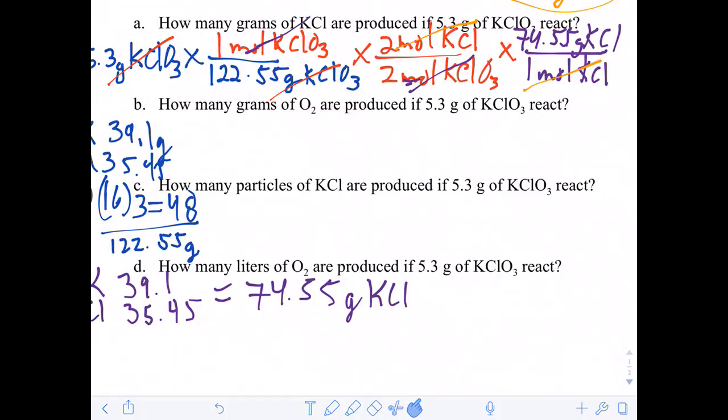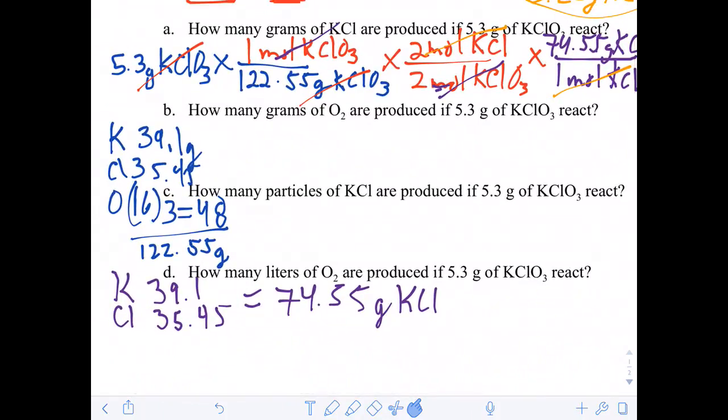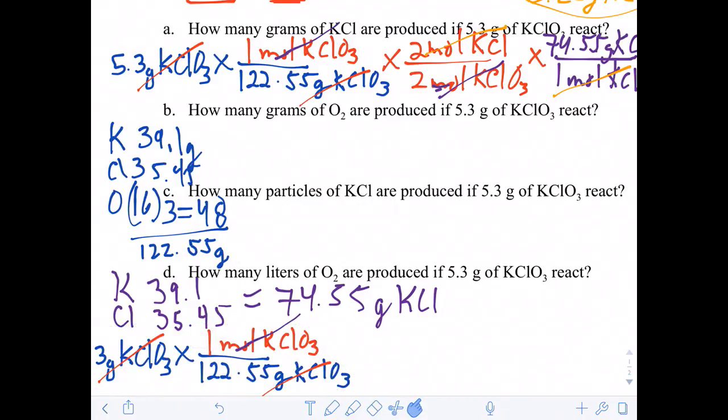So I can take all of these steps right here, converting to moles of potassium chlorate. All right, so I can take those steps. That's my first steps here. And now all I have to do is go to moles of O2 using the equation.